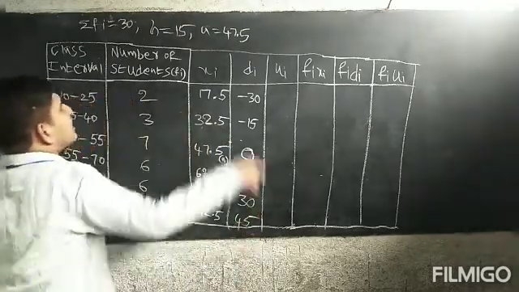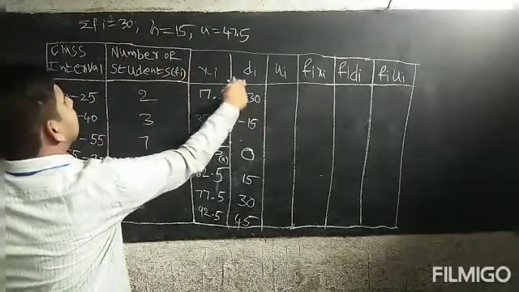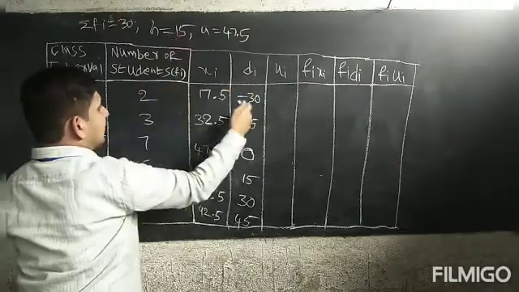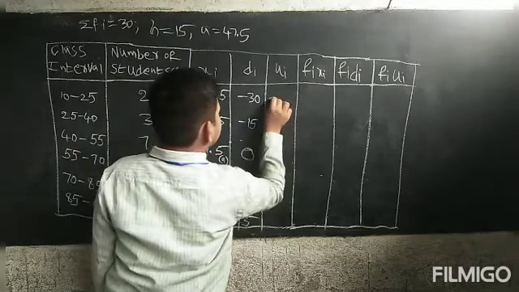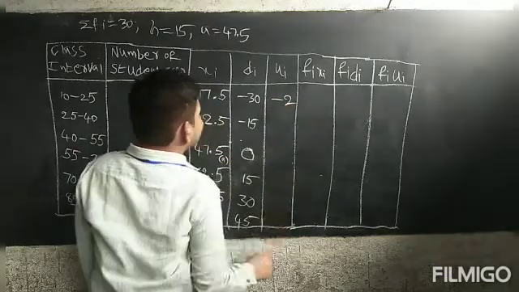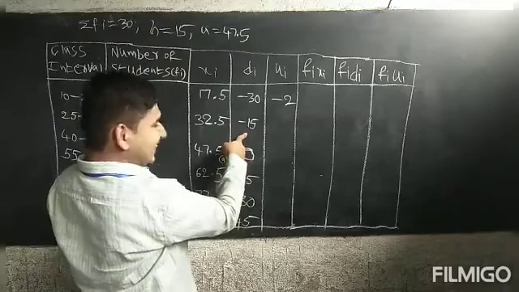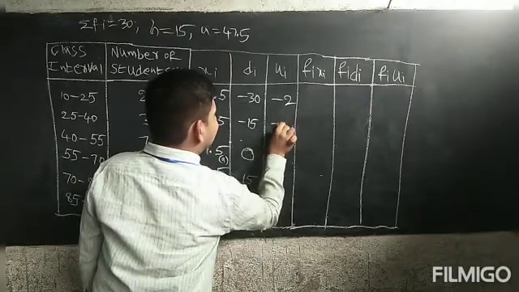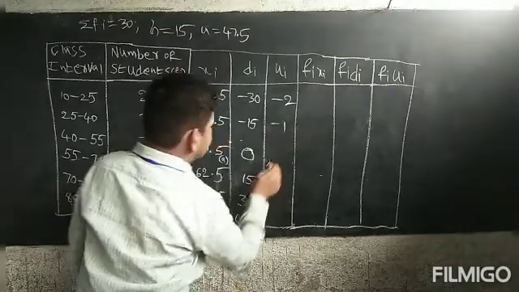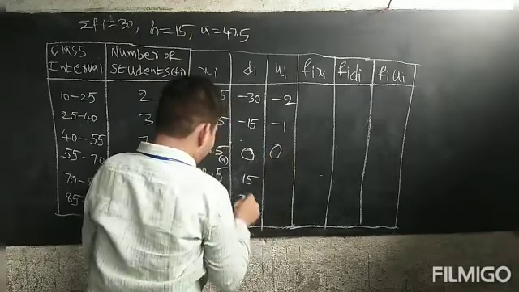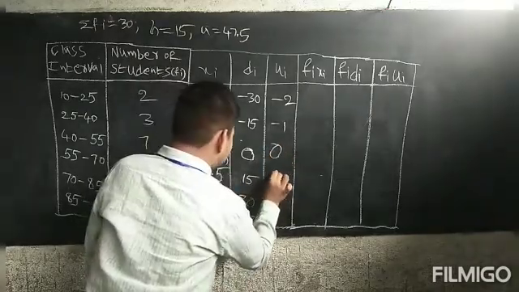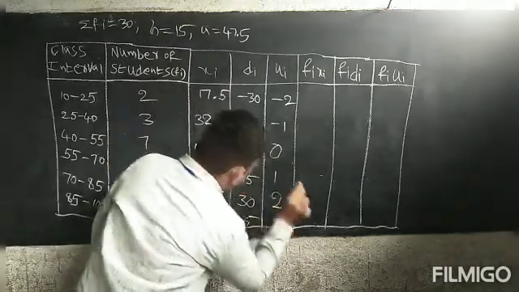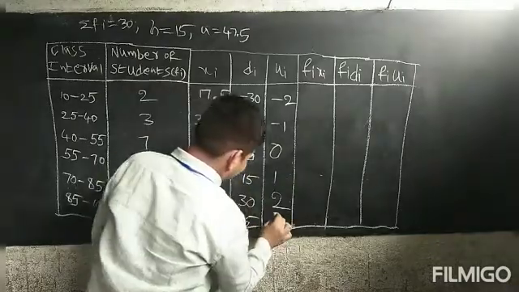Now h equal to 15. u equal to what? u equals d by h. So minus 30 by 15, minus 2. Minus 15 by 15, minus 1. 0 by 15, 0. 15 by 15, 1. 30 by 15, 2. 45 by 15, 3.